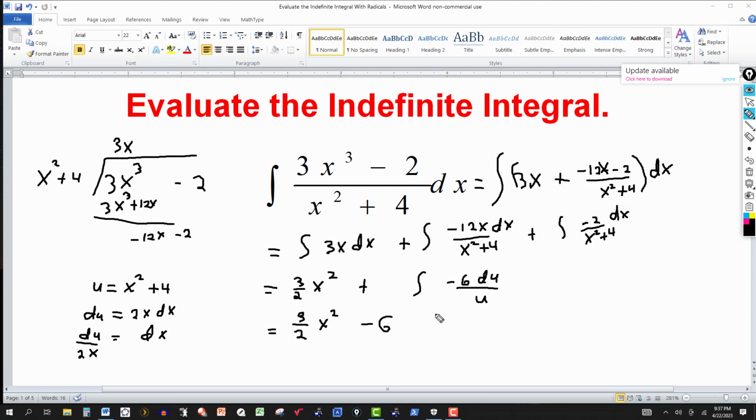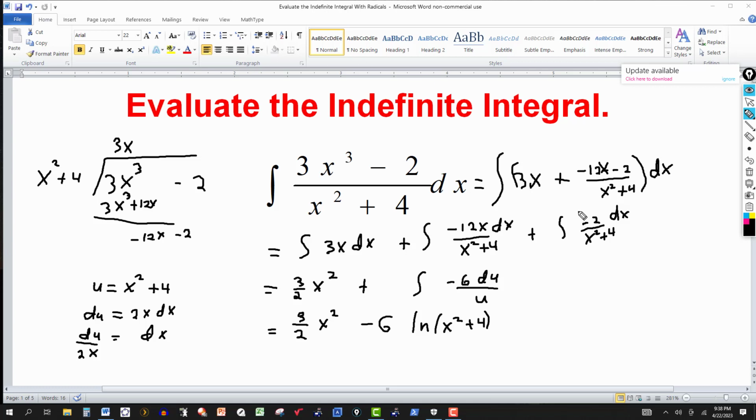Well, that's natural log of absolute u. What is u? u is x squared plus 4. But because x squared is never negative and we're adding a positive 4, I don't need the absolute values. I can just put parentheses there. So far I got 3/2 x squared minus 6 natural log of x squared plus 4.